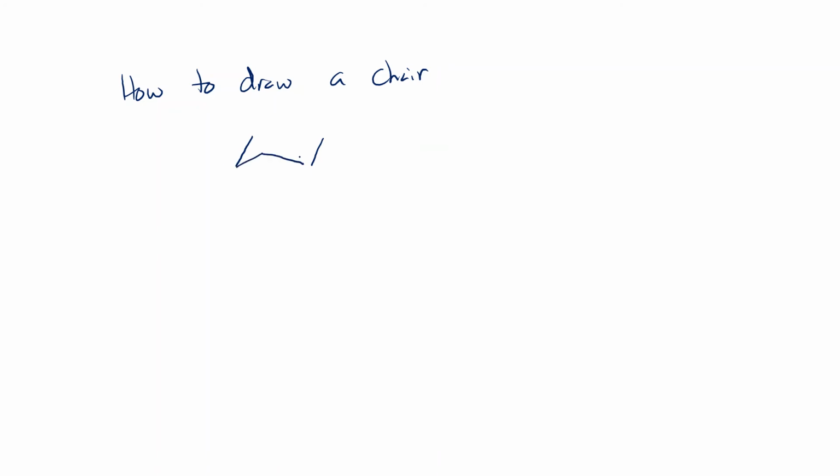See how easy this is? When you start from the bottom, go up first and then down. And when you start from the top, go down first and then up. And that's your chair. You'll probably have to fudge it a little bit to make it work. I usually draw mine like this.